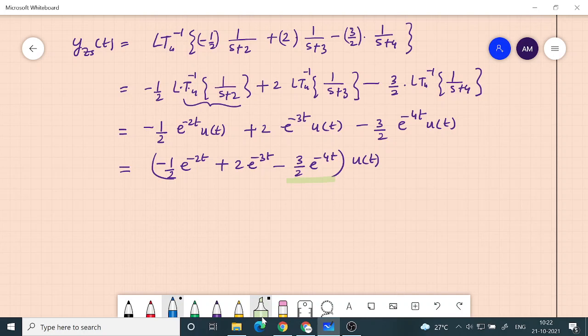So the answer is that the other two terms come naturally. There is a natural response of the system that depends basically on the component values, which are inherent in the system. The system always favors a certain type of response.